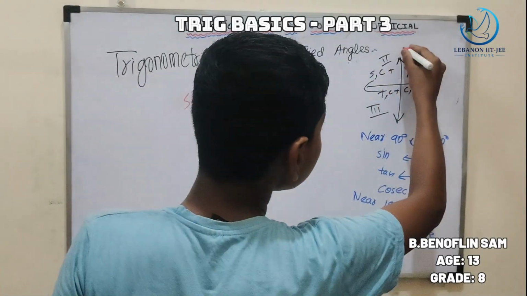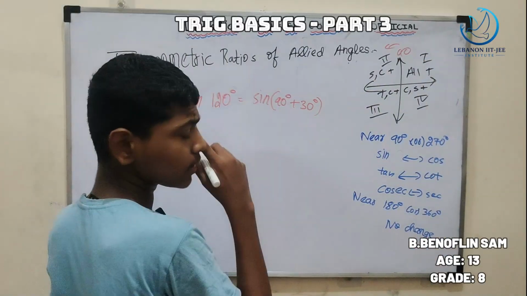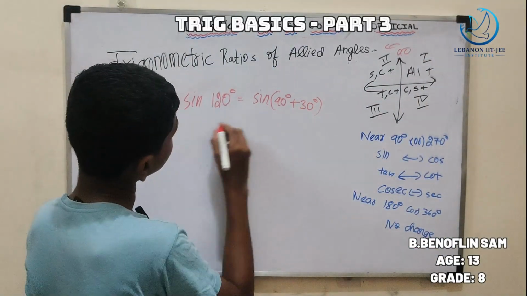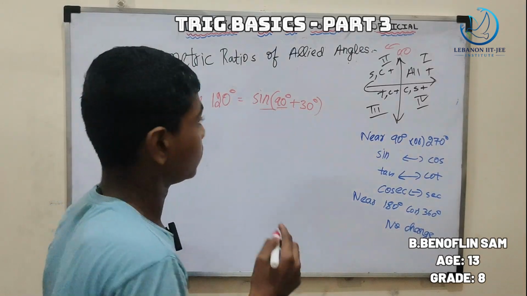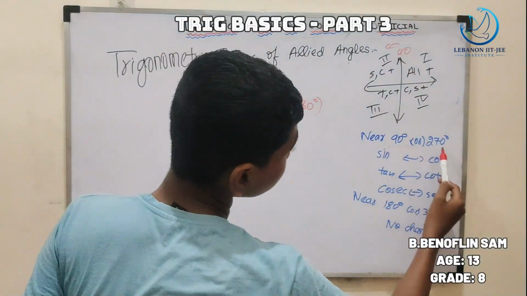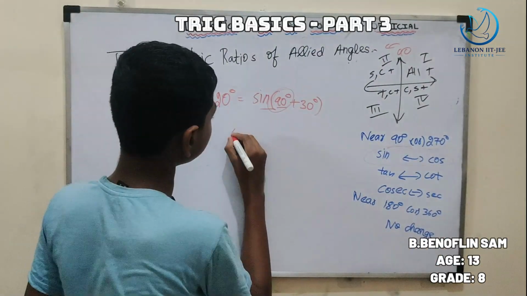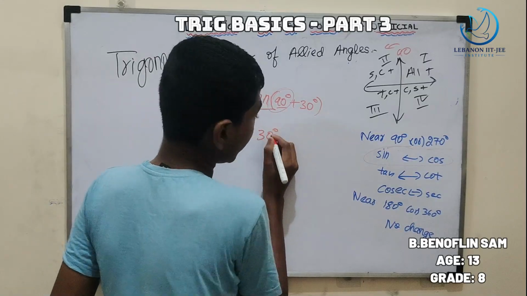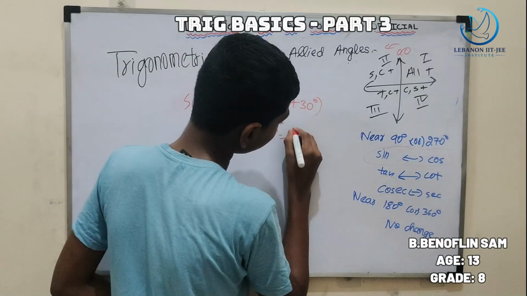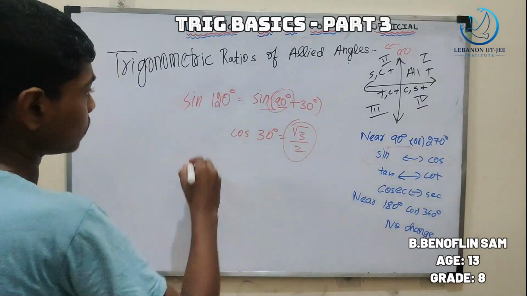So 90 degrees here, then it goes here. Very simple, right? But one problem: the 90 degrees here means, as I told you, near 90 degree or 270 degree it changes like this. So changes means it will go like this, cos 30 degree. I know that cos 30 degree is root 3 by 2. That's how to find the answer, man.